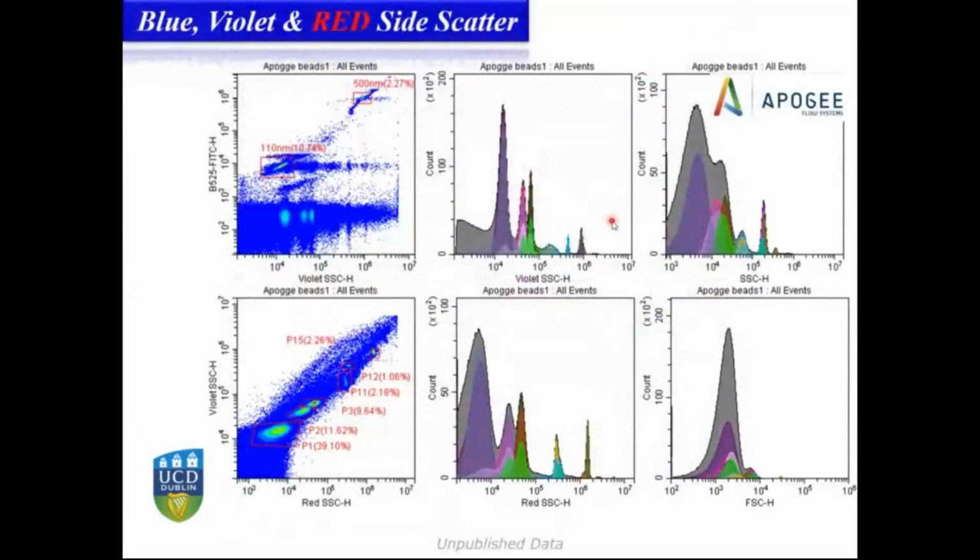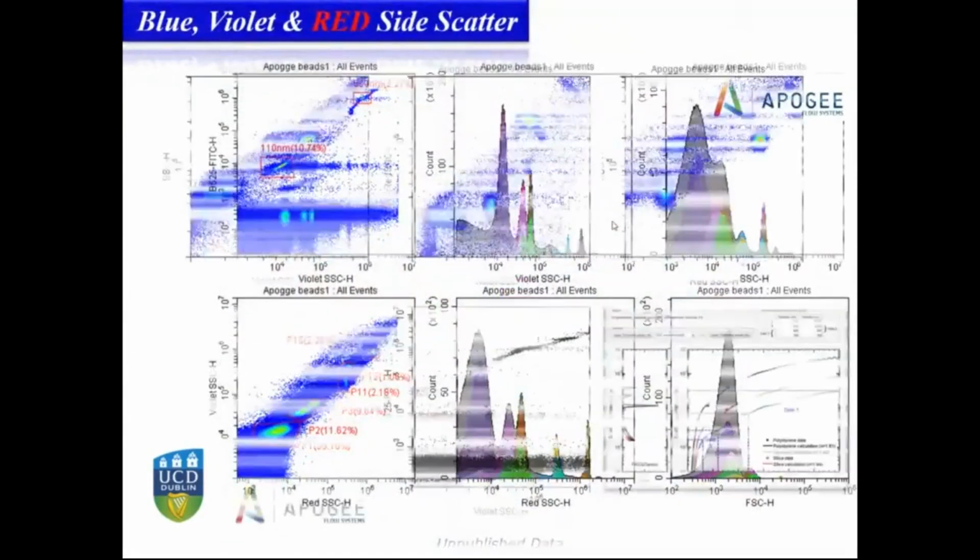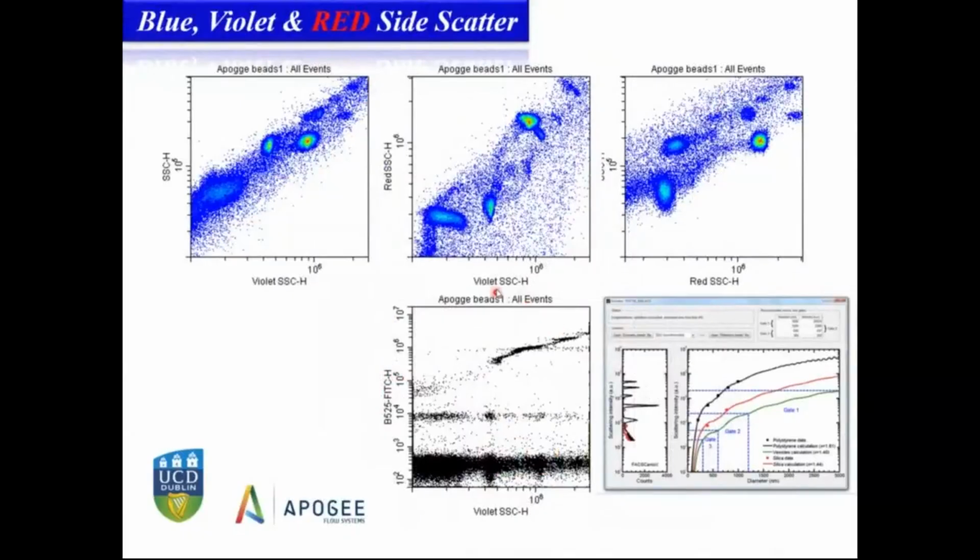For instance, we have another set of beads, the Apogees. When we look at violet versus red side scatter, or violet versus blue, or red versus blue, we can see populations that go in parallel. This set of beads has one characteristic: we have unlabeled particles and labeled particles, and some of them are polystyrene beads and the others are silica beads.